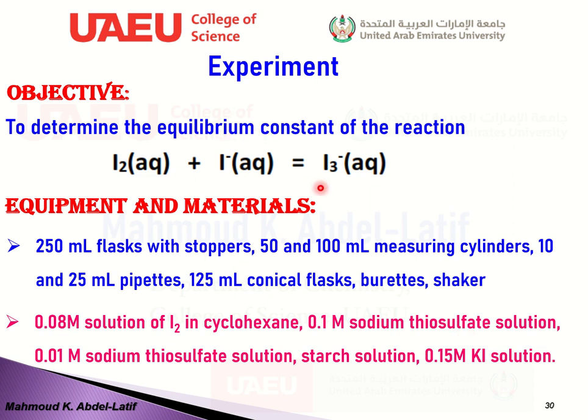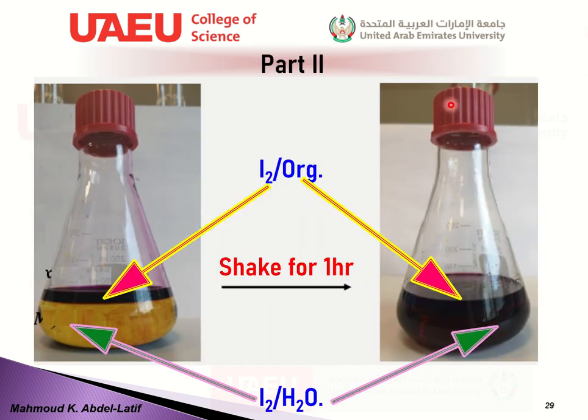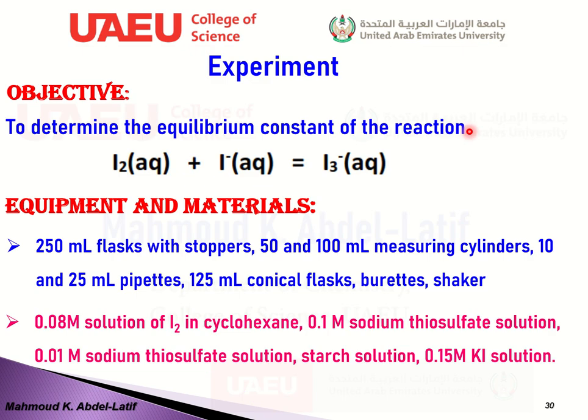What you need: 250 milliliter flasks with a stopper, exactly like this one, and 50 and 100 milliliter measuring cylinders, 10 and 25 milliliter pipettes, and this conical flask, burette and shaker.